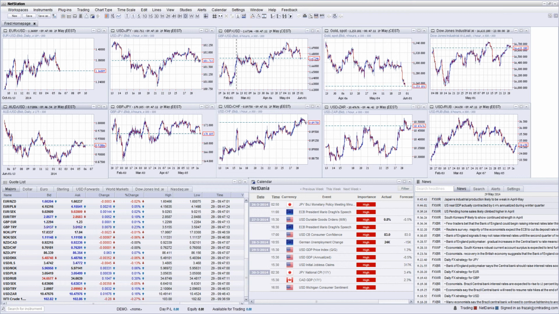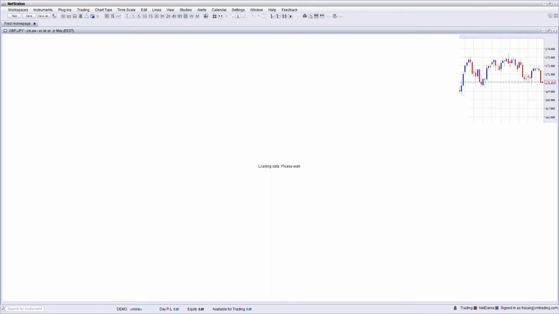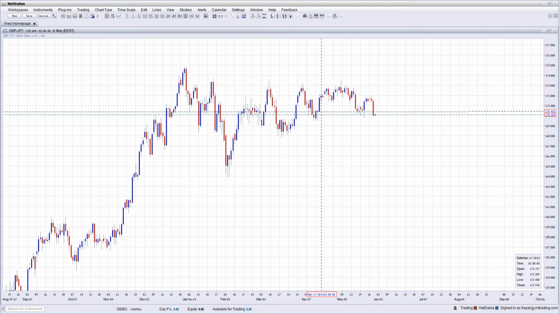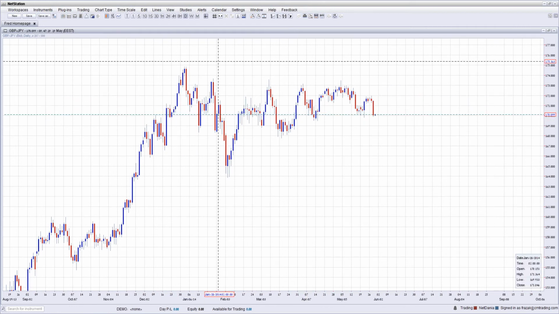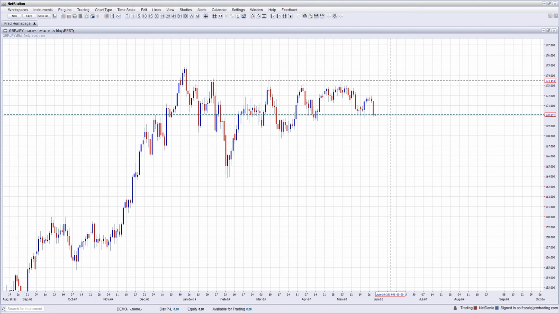The biggest loser for the week, the GBP, the British pound. Obviously, over the past year, it's really made a nice rally, as we see from the beginning of last year, and now we're just tapering off. Also trading in a range. There's no impetus, no sort of news that will make it go higher at this stage.